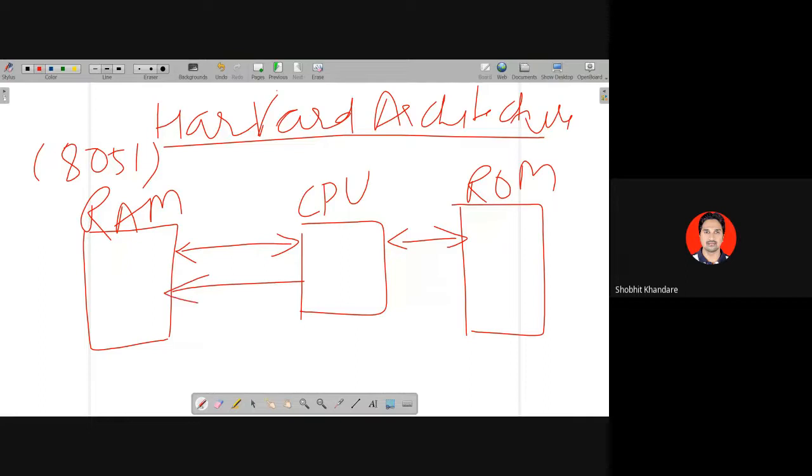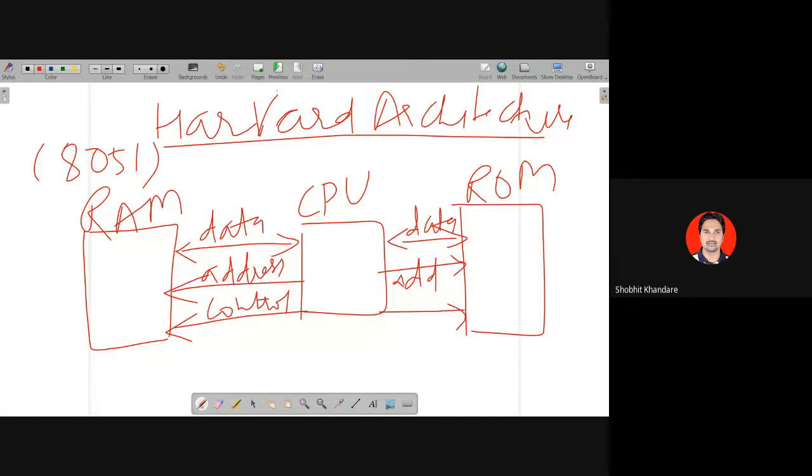You also have a separate address bus. So this is my data bus, this is my address bus, and this is my control bus. This is called a Harvard architecture.